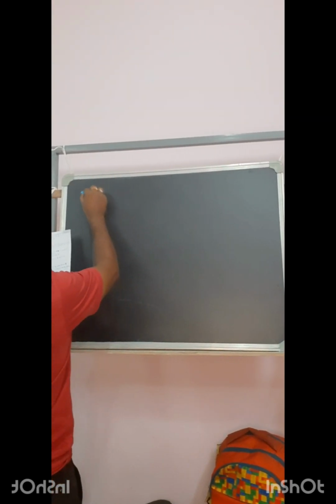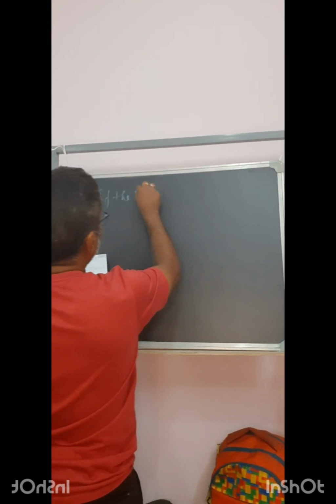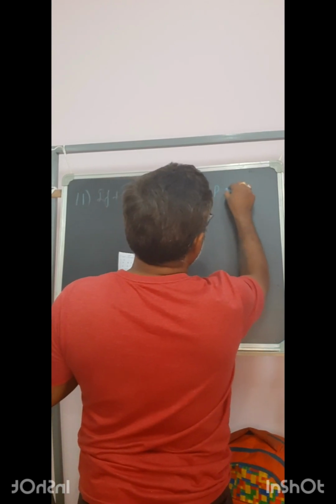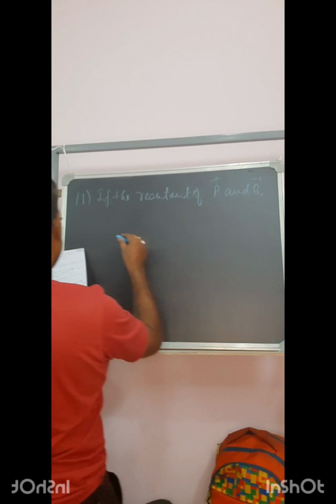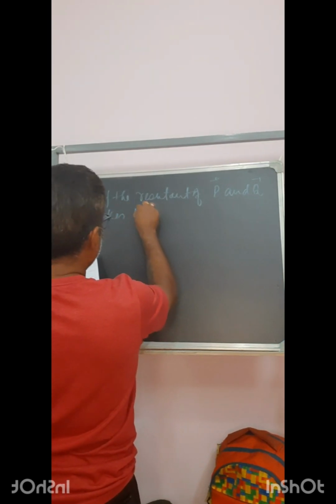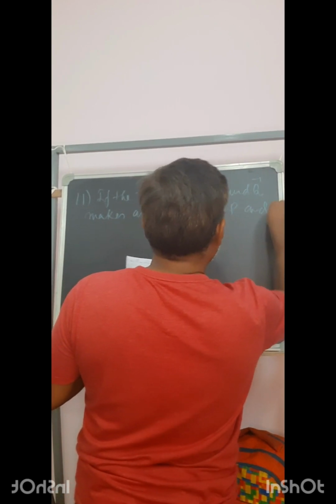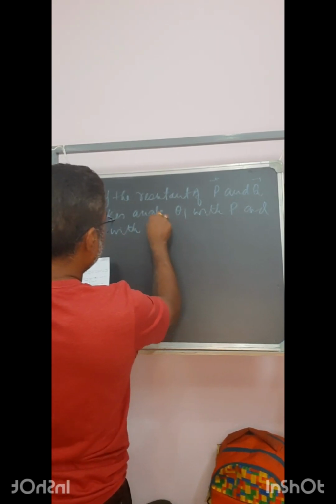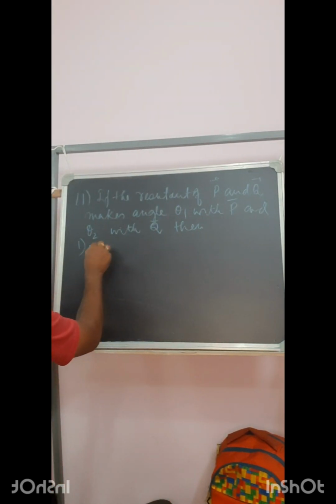Moving to problem number 11. It says if the resultant of P and Q makes angle theta 1 with P and theta 2 with Q, then which of the following conditions is correct?